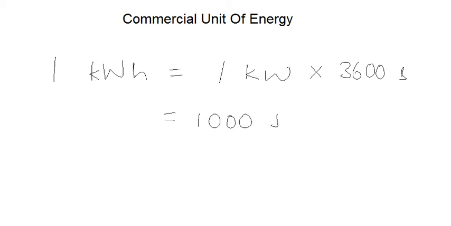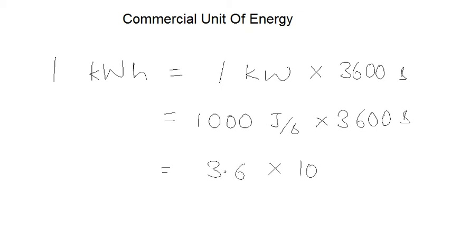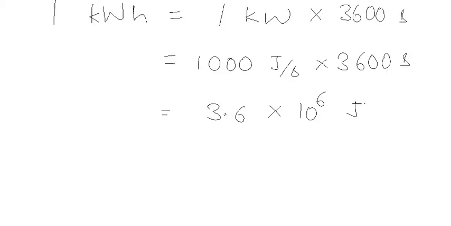It means 1 kilowatt into 3600 second, which means 1000 joule per second into 3600 second, which means 3.6 into 10 to the power 6 joule of work.